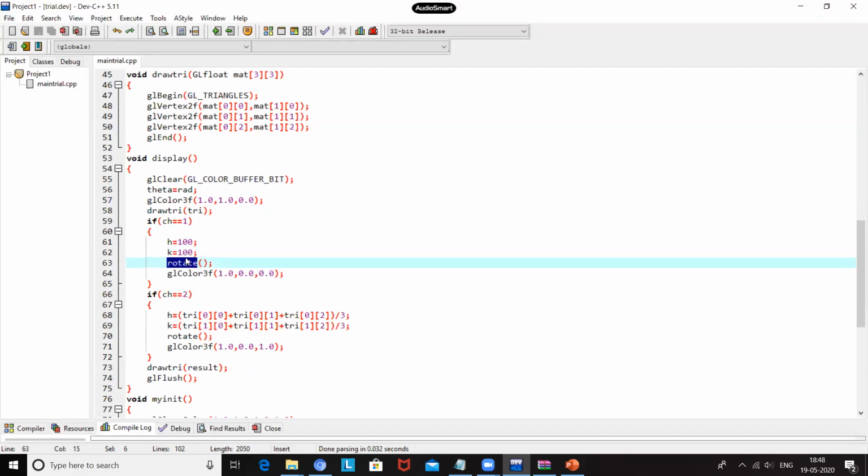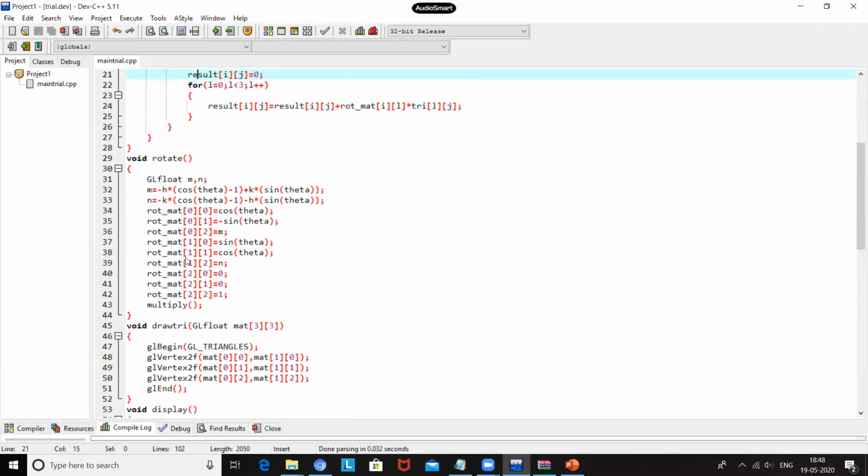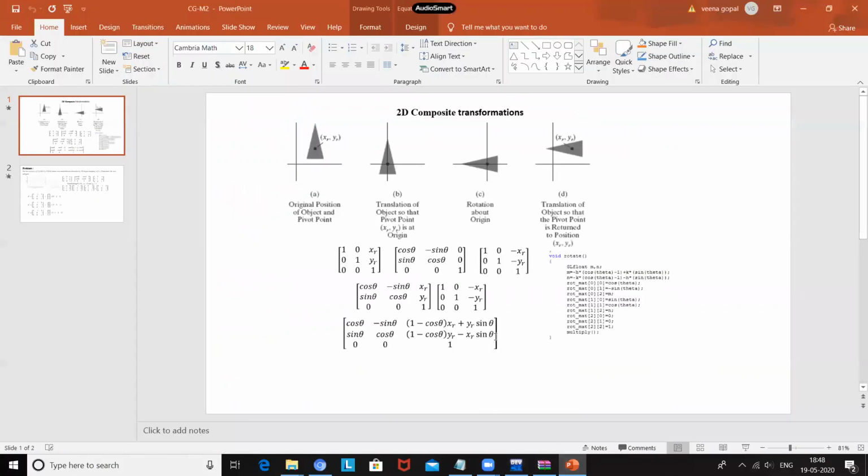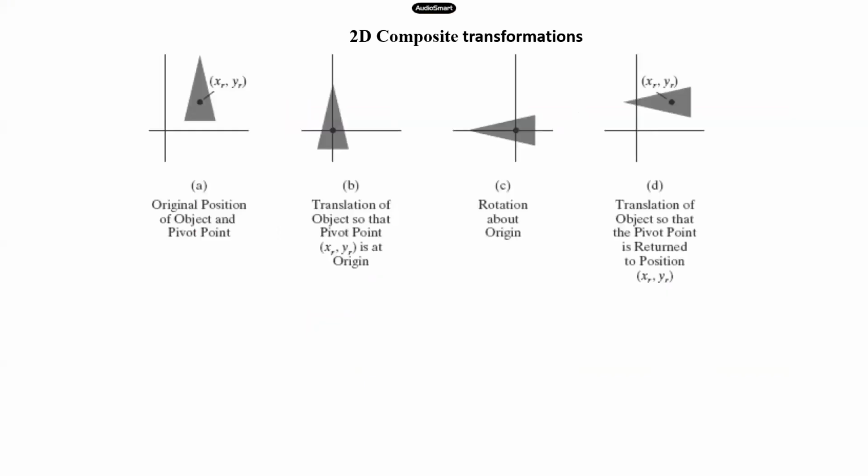Then we are calling the function rotate. In this rotate function, we are applying certain formulas that have been explained in this PPT. This is the two-dimensional composite transformation of the rotation part. In case we want to rotate any triangle with respect to a point, first we should move that point to the origin by translation, then rotate it, and then translate it back.